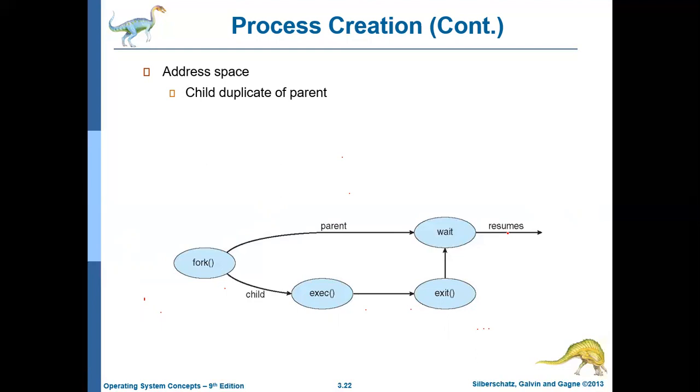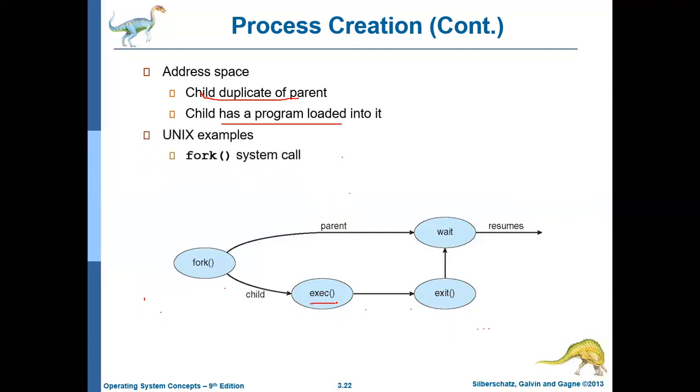It will not have the commands executed by the parent before the fork statement. There are two options available: the child can duplicate the parent's memory image, or the child can load its own program. If the child doesn't want to duplicate the parent's memory image, then it has to execute this exec.